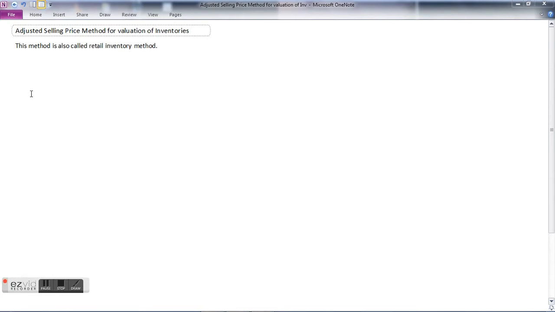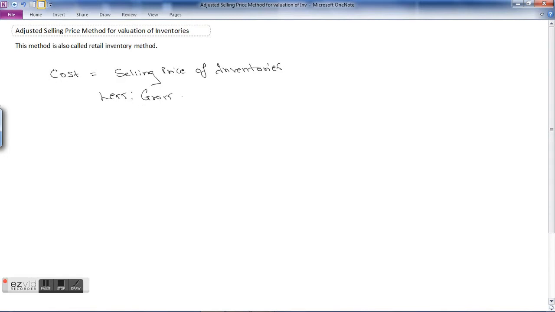So how do we calculate cost in this retail inventory method? Individual cost cannot be determined. So what we do is, we determine cost by taking the details of selling price, so we get the selling price of inventories. Then we reduce the gross profit margin from the selling price.